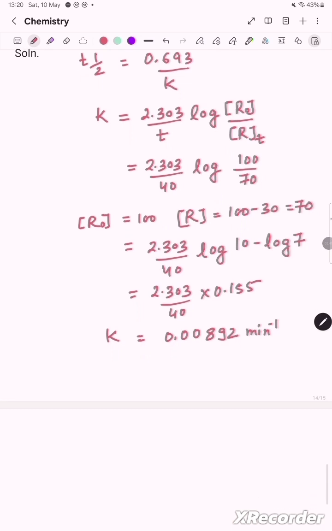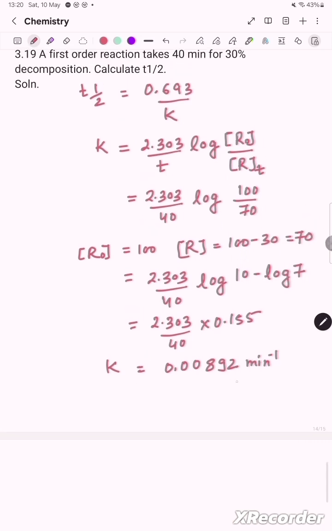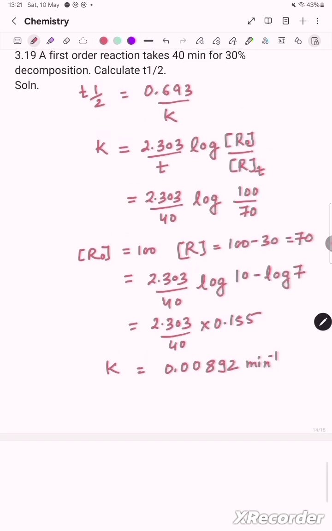So here we put this K value in the half life formula, that is 0.693 upon K. Here rate constant value will be 0.00892 per minute.